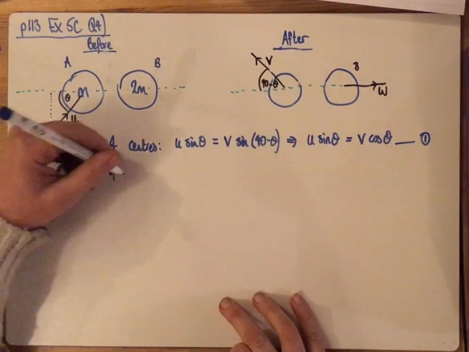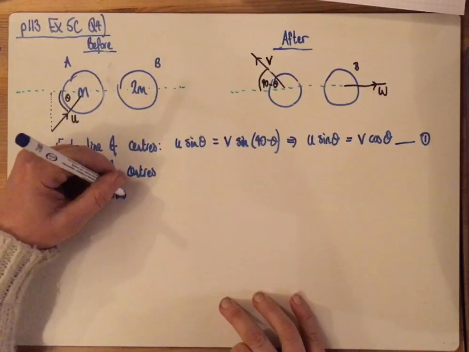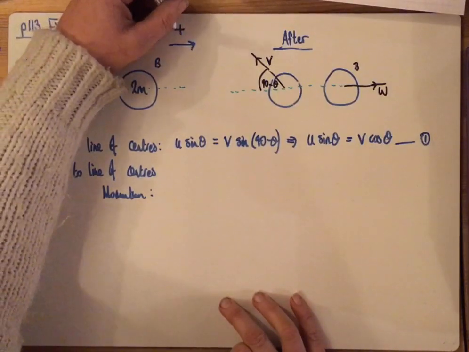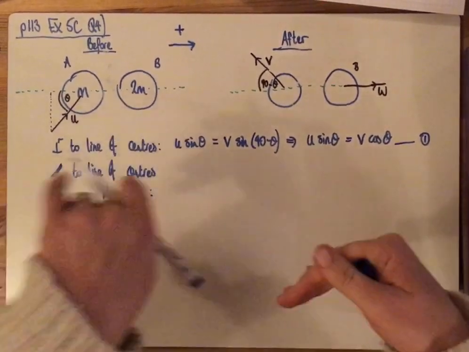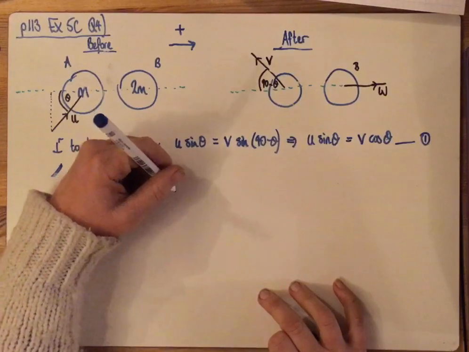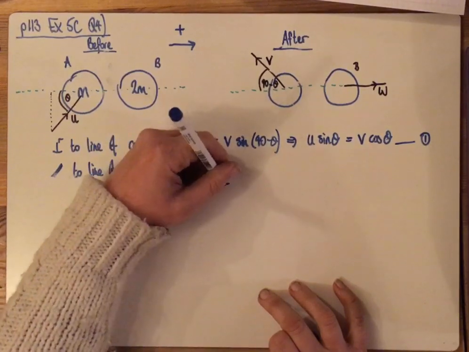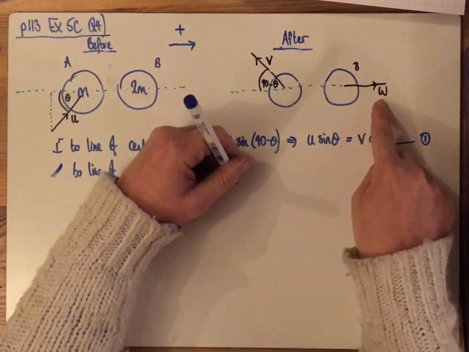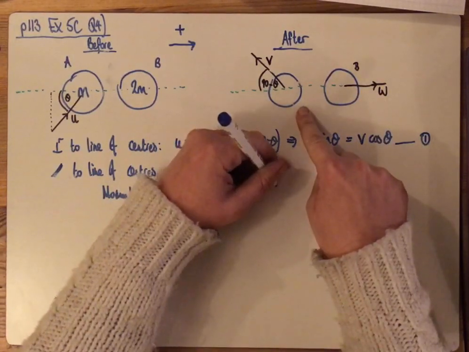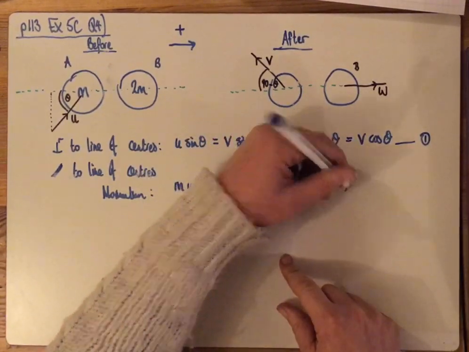Parallel to the line of centres, we can work with momentum. I'm going to take this way as positive. If a lot of things were going that way, you could take that way as positive, but that's not the case here. So momentum: mu cos theta is the momentum before. Momentum afterwards is going to be 2mw minus mv cos of 90 minus theta.